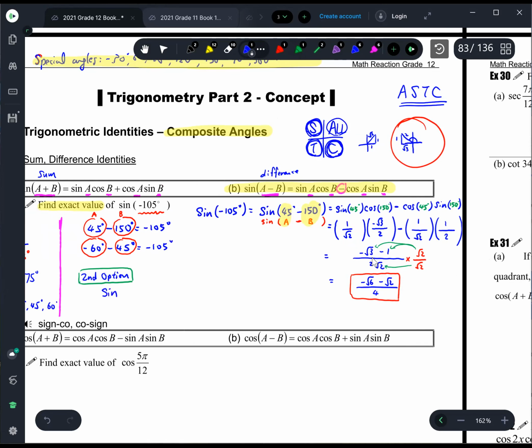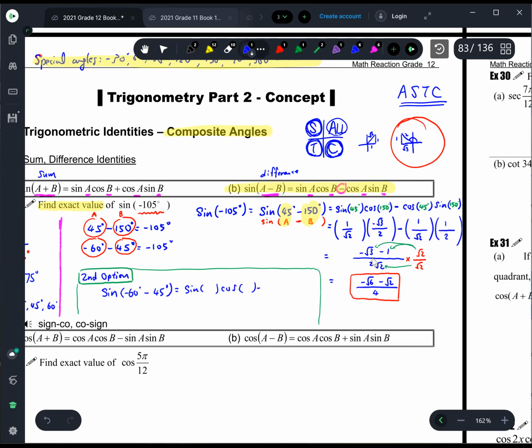So sine of negative 60 degree minus 45. Your A is negative 60, B is 45. Please try it out, okay? Write out the formula first.